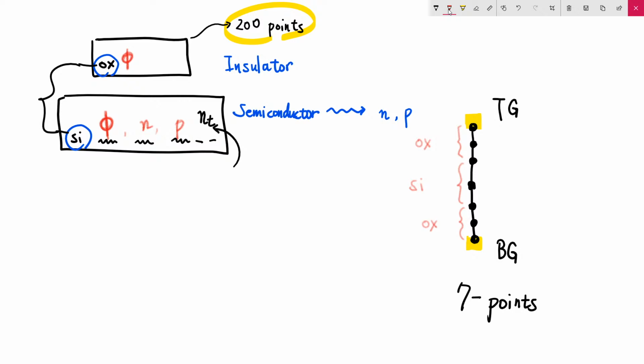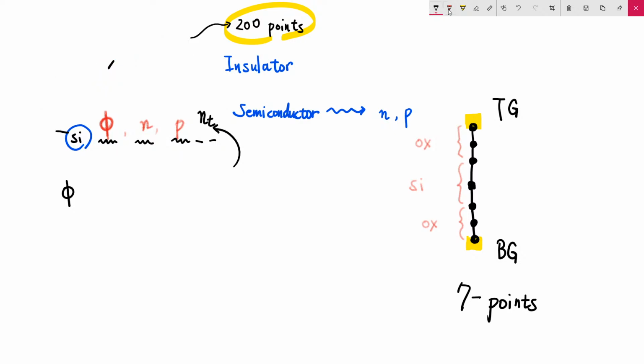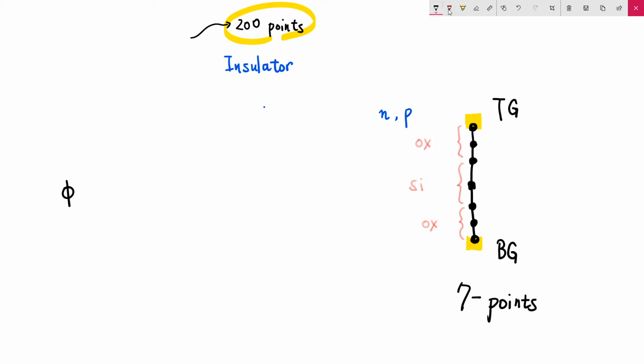Now let's try to assign our unknown variables. First of all, let's just consider phi. In the case of the Poisson equation only, nonlinear Poisson equation, Laplace equation, currently we are working with that. So in this case, it's not that difficult to assign unknown variables.